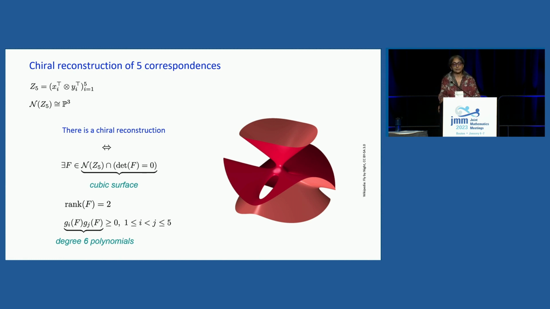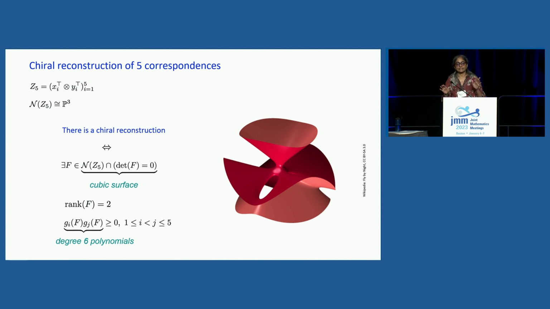Okay. So it may be good to pause for a moment and realize that these are inequalities in projective space. So if they're satisfied by F, they also have to be satisfied by minus F. So it's really important that they are even degree. Okay? So these are degree 6 polynomials, and these are the versions of the chiral inequalities in this F space.